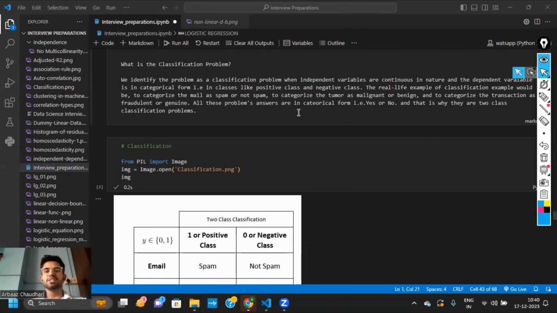All these problems have answers in a categorical form, yes or no, like the student will be placed or not. So these two classes were there, and that is why it is called a classification problem. I hope you have understood what a classification problem is.